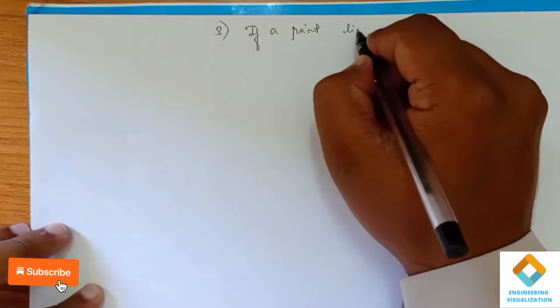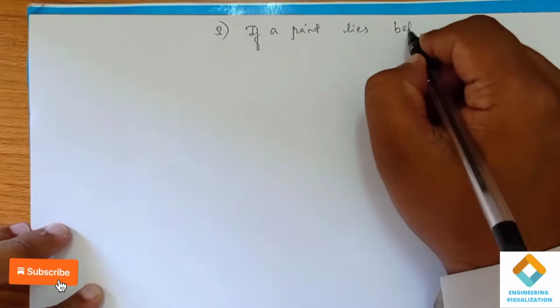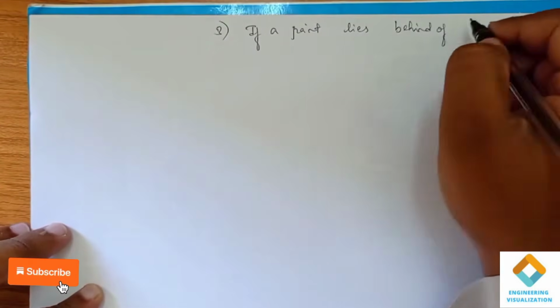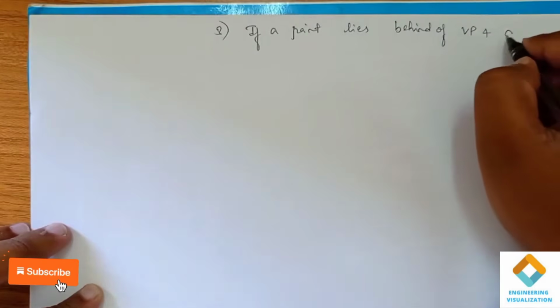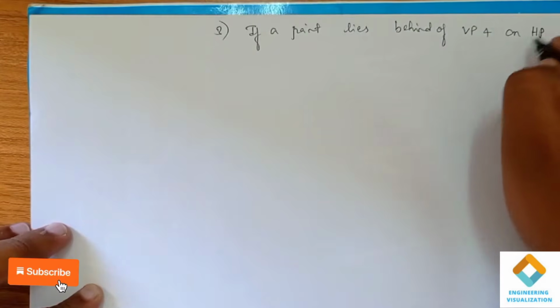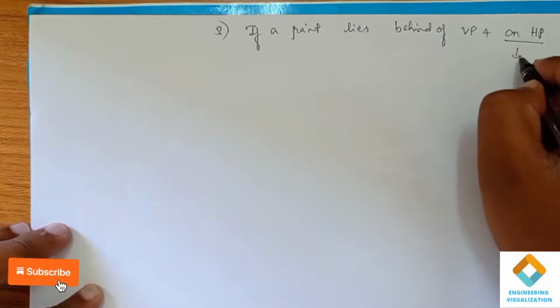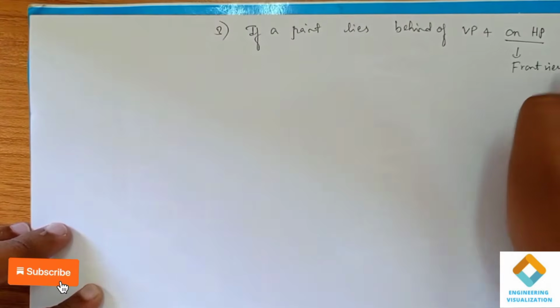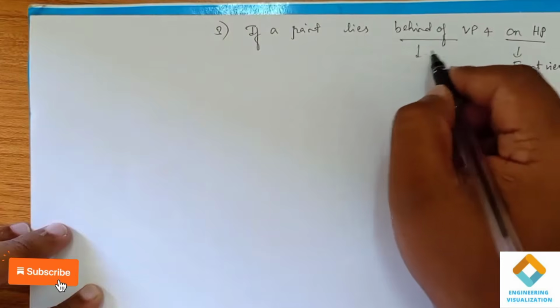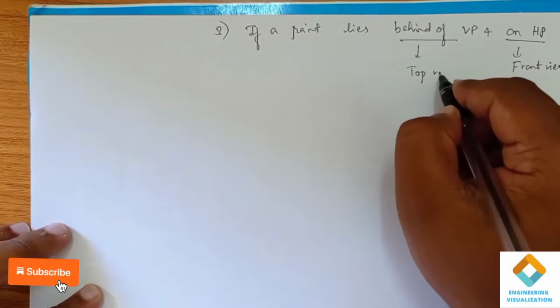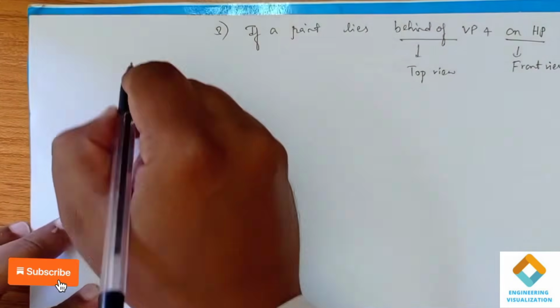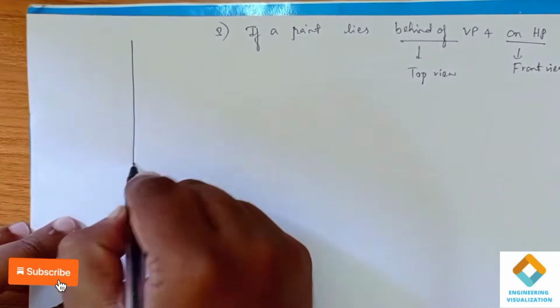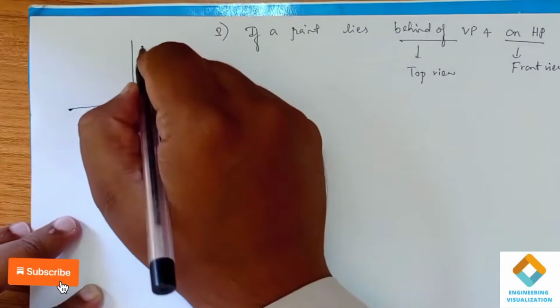If a point lies behind of VP and on HP. On HP means it is front view. So behind of VP means it is top view. So we have four quadrants.